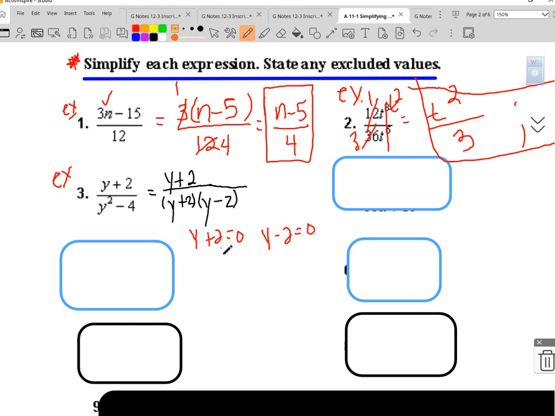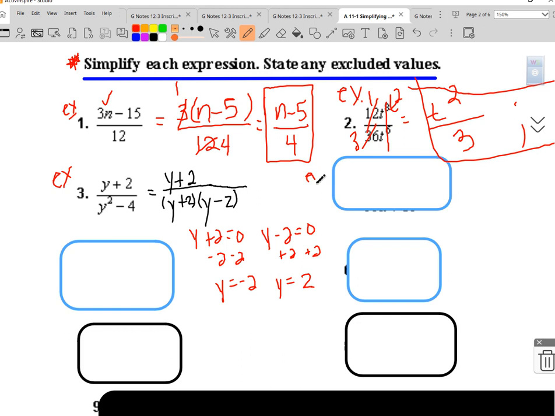Now we're going to have 2 excluded values here. Subtract 2. So one of our excluded values is negative 2, and one is positive 2.